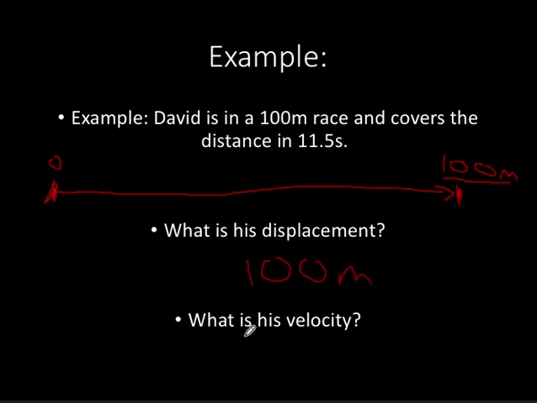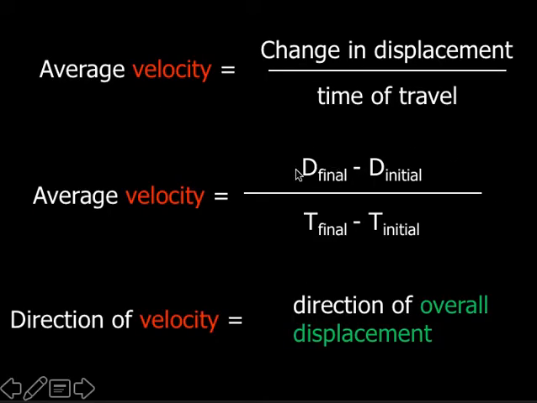Now what is his velocity? So let's use our equation from the last slide. The final position, take away the initial position, divided by final time, take away the initial time.